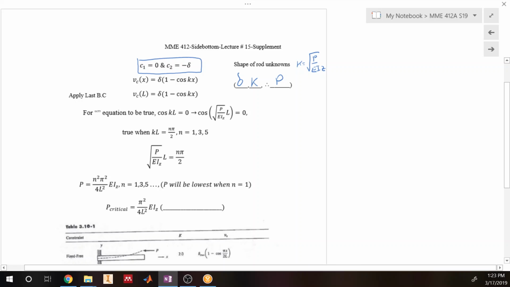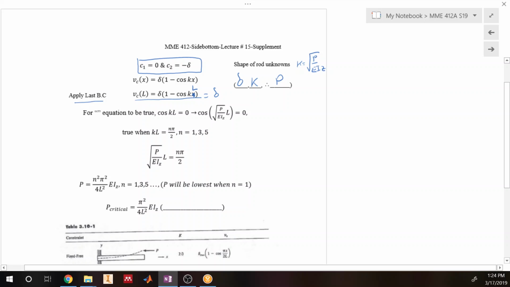So to help solve for the two unknowns, we're going to apply the last boundary condition, which says that VC of L is equal to delta times 1 minus cosine of kL. All right. So for this to be true, we know that at VC of L, the displacement is equal to delta at that point.